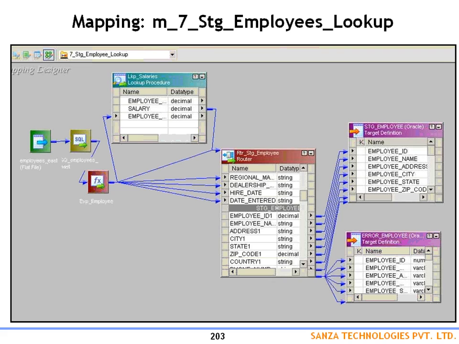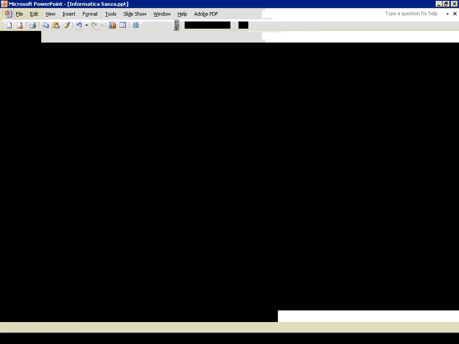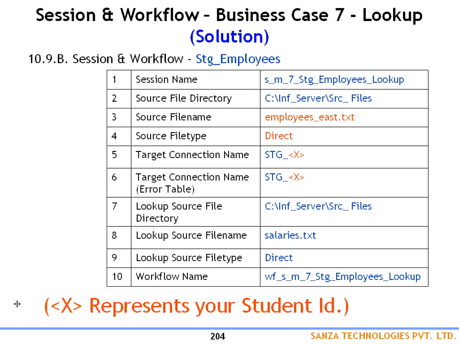Now you go ahead and write this, the lab. Important concept, projects, session name, source file directory, source file name, file type direct, target connection.